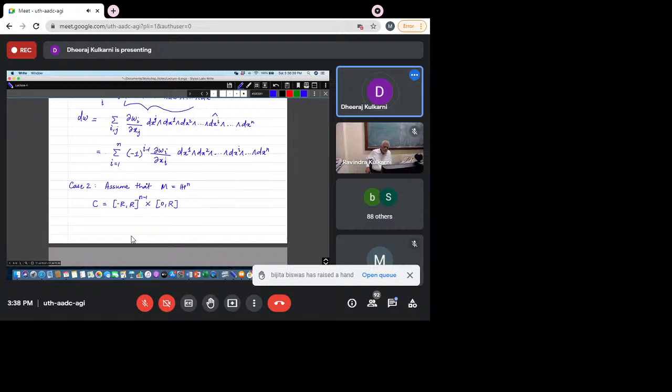So roughly the picture is something like this. This is r to the n minus 1, and this is the direction, and the support of omega is something like this, and the cube that we are looking at is here.